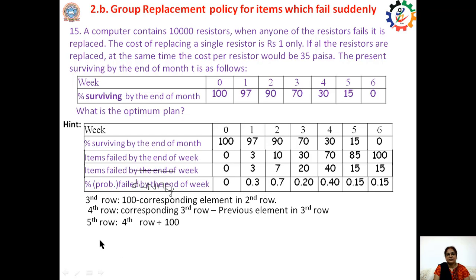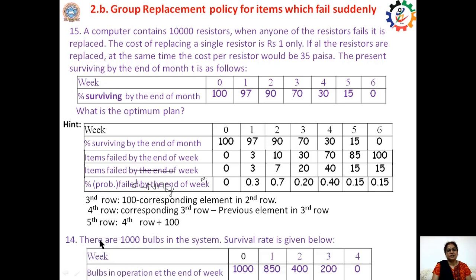We got this pi here. If the probability of failure itself is given, the subtraction question doesn't come. If the probability of operation or surviving is given, we have to go for subtraction. If cumulative is given, we have to go for subtraction. If individual values are given, subtraction is not needed, based on the type of data.